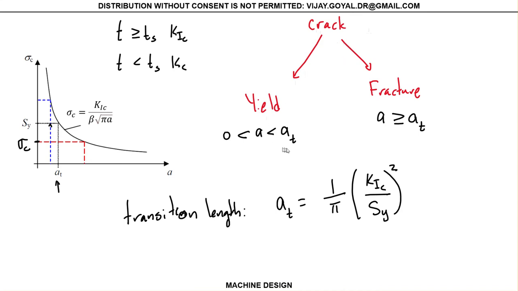Is the crack bounded between 0 and the transition length, or is it bigger than the transition length? If it's smaller than this, then check for yield. There's no need to check for fracture mechanics at all. The crack is not going to propagate. So when you actually design structures, you know what this transition length is going to look like, and you measure it.